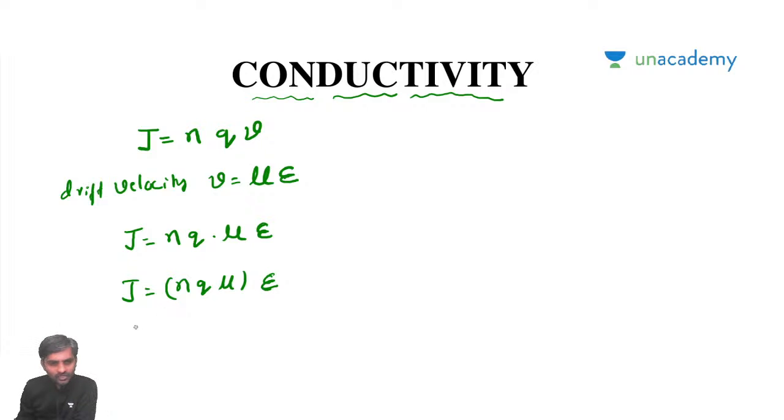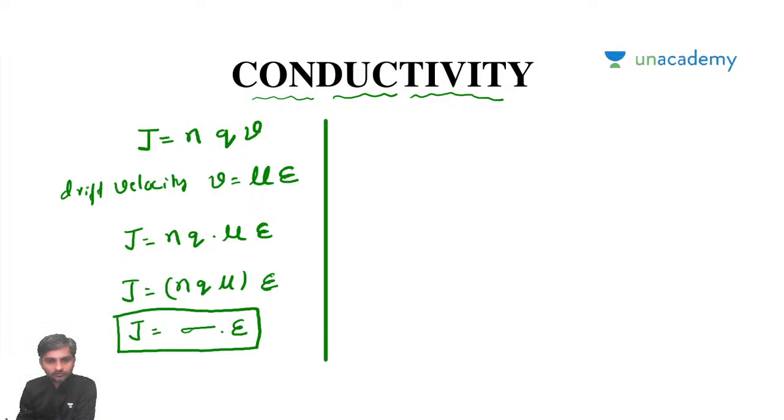So J is equal to N Q mu into E, and generally we call this J is equal to sigma into E, where sigma is conductivity.